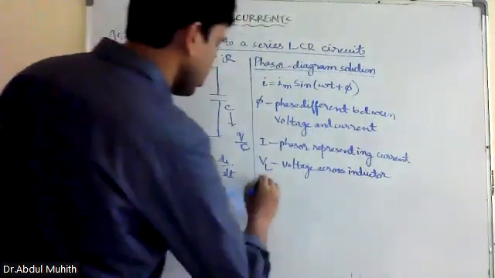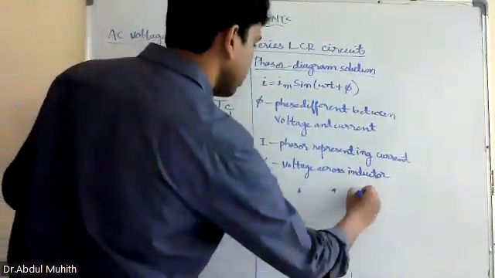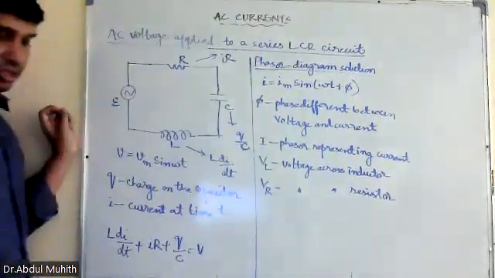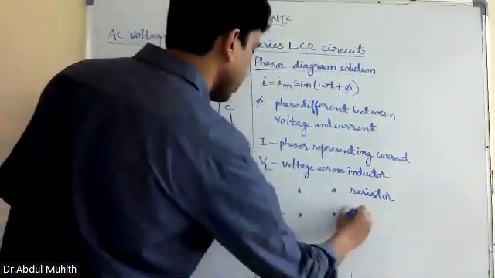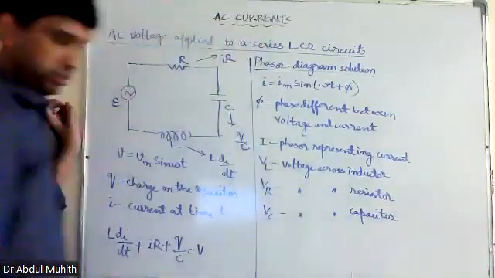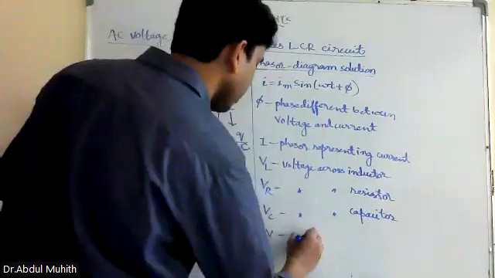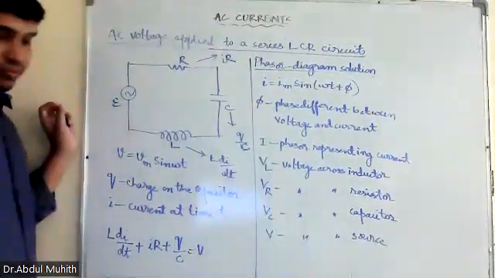And VR is voltage across resistor. VC is voltage across capacitor. Now V is what? V is voltage of the source.